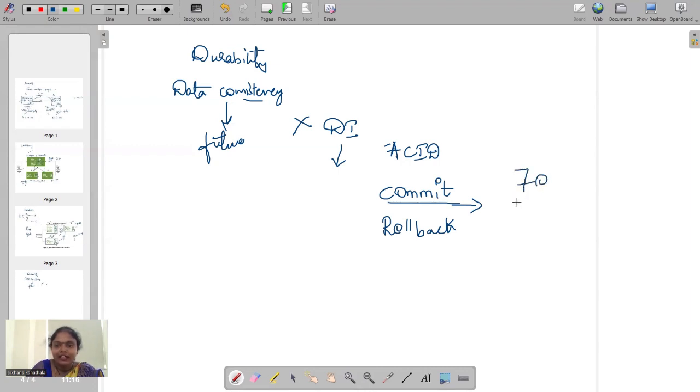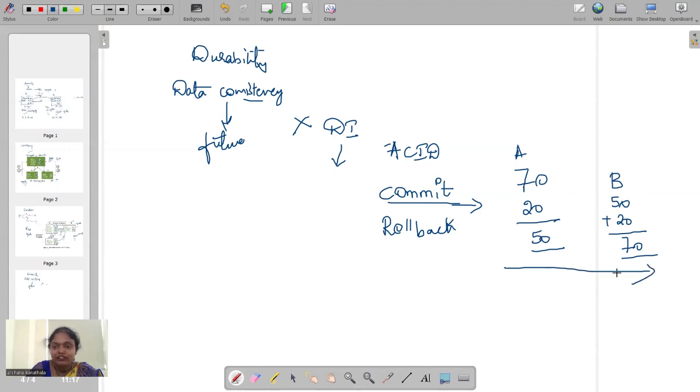So let us say that you have debited rupees 20 from account A, right? So it should be reflected with 50, and B account already has 50 and it has been credited with 20. So the result will be 70. Now, at this point of time, I don't want to conduct any more transactions.